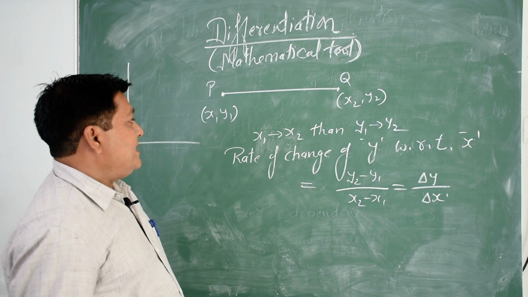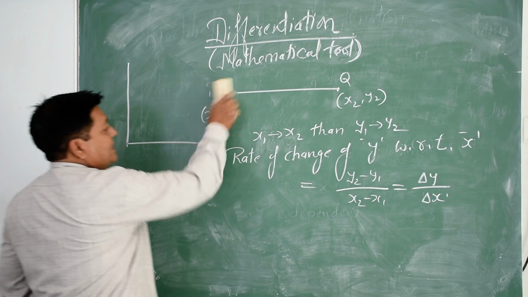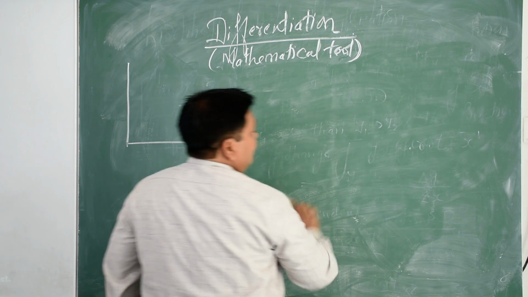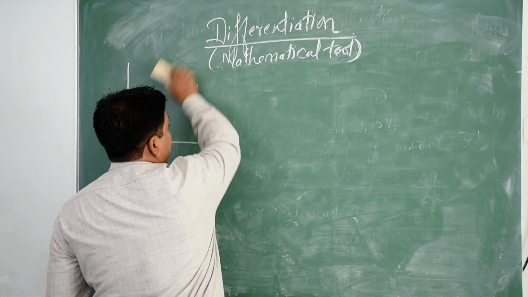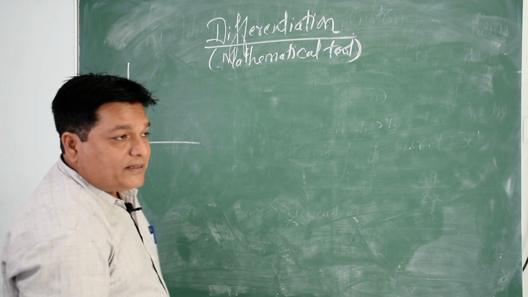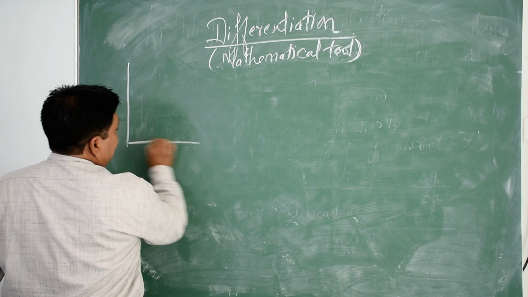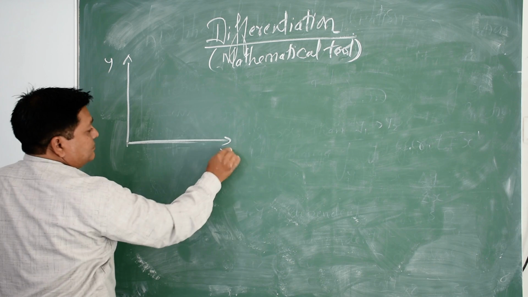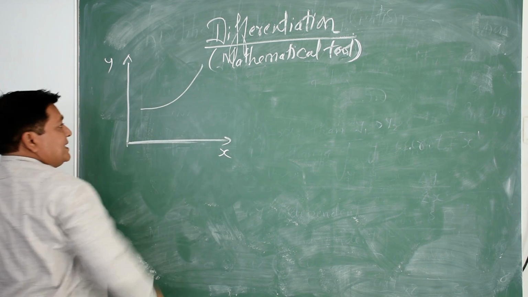How do we write this? How do we understand this? Let us see now. We have seen the position-time graph and the velocity-time graph in the chapter. Suppose this is the x direction and this is y. A curve is there with a variable change.